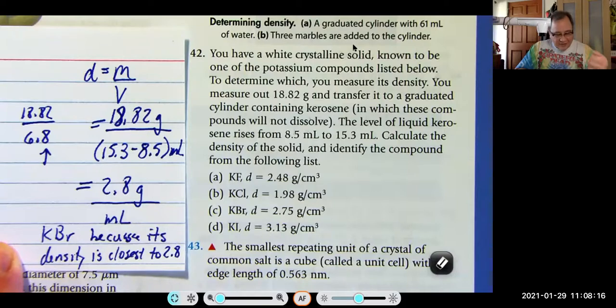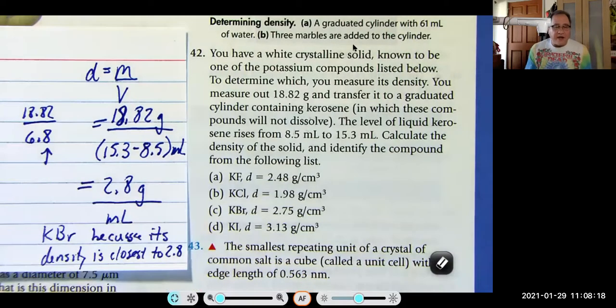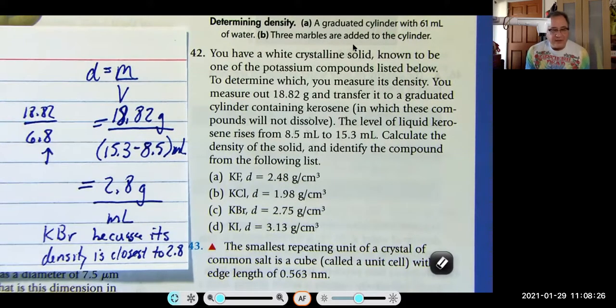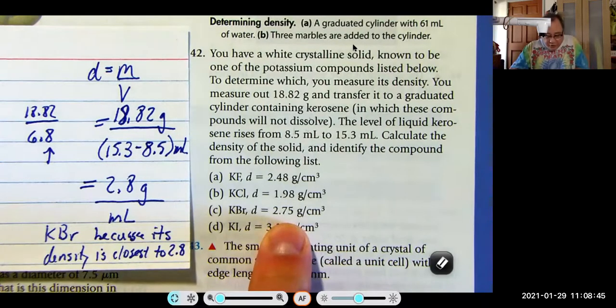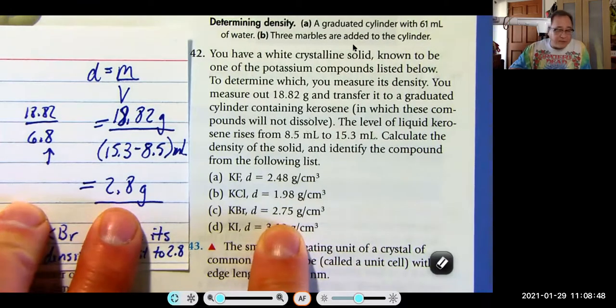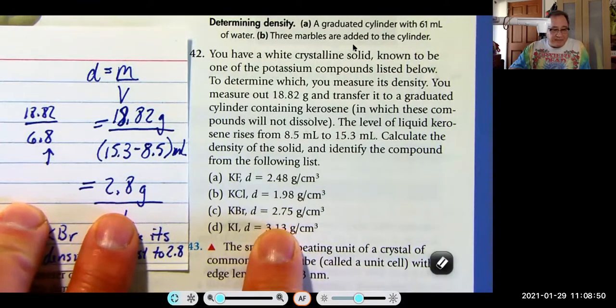Okay, and that's a great question. So how would we justify our answer numerically? What we're looking for is how would we justify the accuracy of 2.8 being KBR? How do we numerically evaluate accuracy? And the answer is you do a percent error. So since this is the accepted value, we could do 2.8 minus 2.75 over 2.75 times 100%.